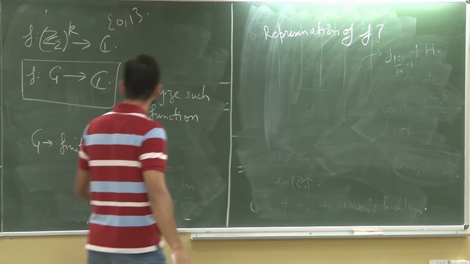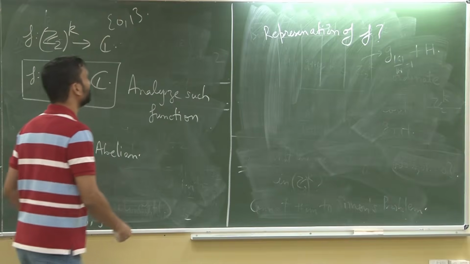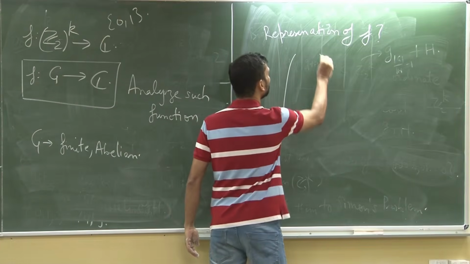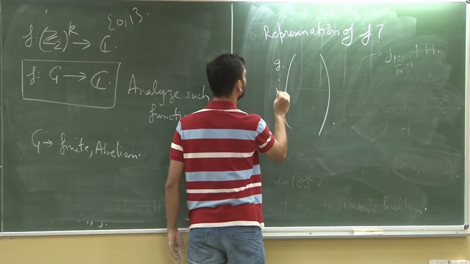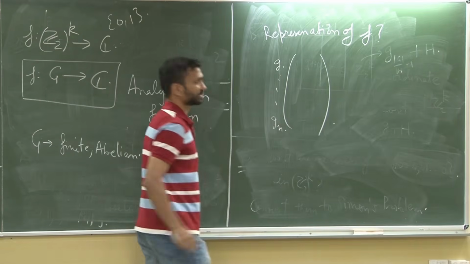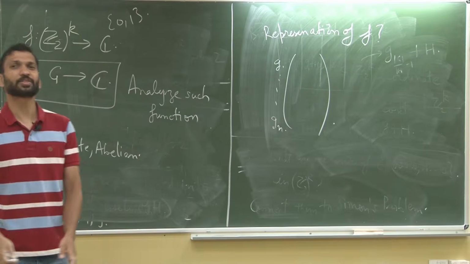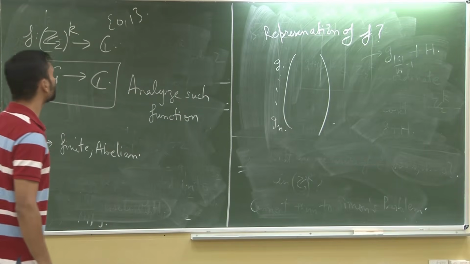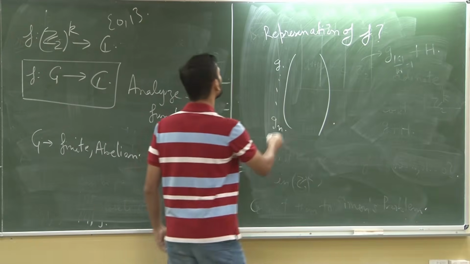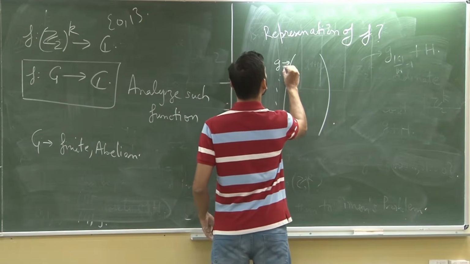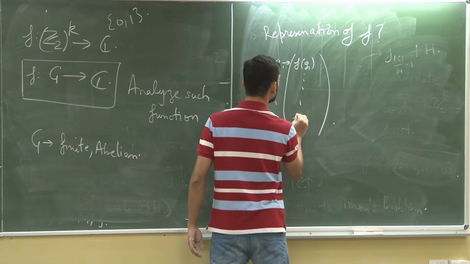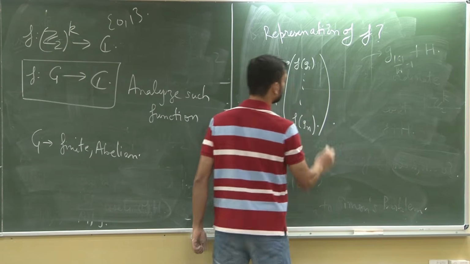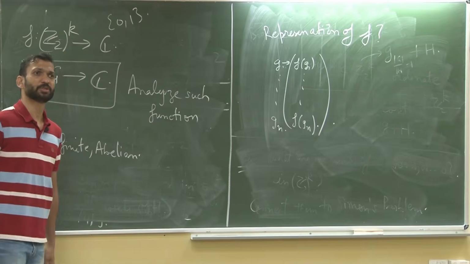And this is not that difficult. Let's look at all the elements of G, they are finite. Let's write them as G1 to Gn. Then one of the simplest representations of this function is that I say what is the value on G1? So this is f of G1, up to f of Gn.